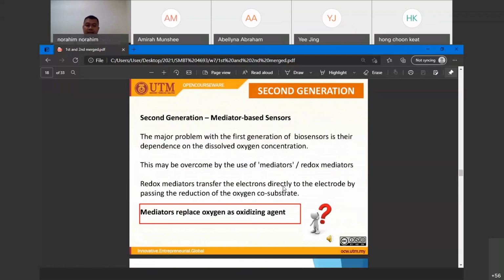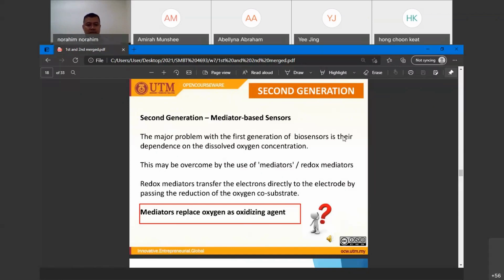glucose biosensor is based on a mediator. Mediator is something that is mediating. In other words, we say mediate means in between. That is facilitating. Ya, orang tengah. So the major problem with the first generation of biosensors is their dependence on the dissolved oxygen concentration. Remember I said that just now?